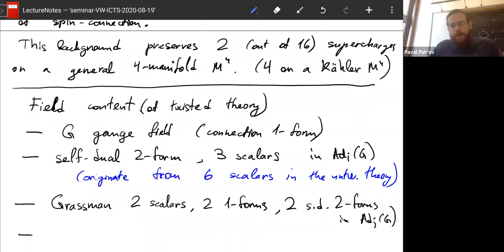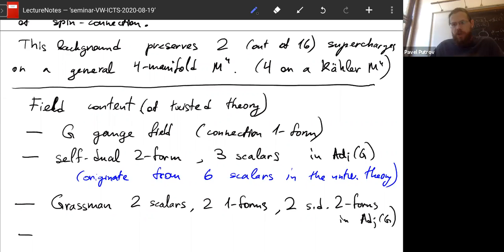Moreover, for the purpose of our calculation, we want supersymmetry off-shell, because we want to know how the supersymmetry acts on the space where we do the integration in the path integral. In principle, there is no known off-shell realization of all 16 supercharges.